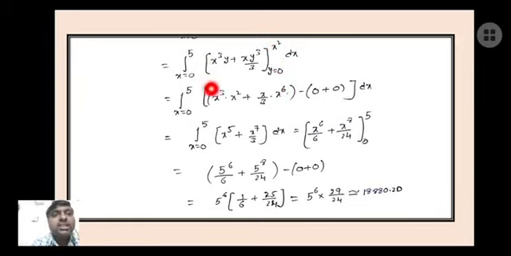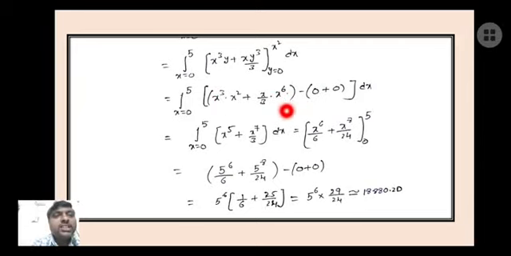I replace x cube into x square, plus x by 3 into x square cubed, which is x power 6. This is the upper limit value minus the lower limit. By replacing y with 0, both terms are 0, so the lower limit value is 0.